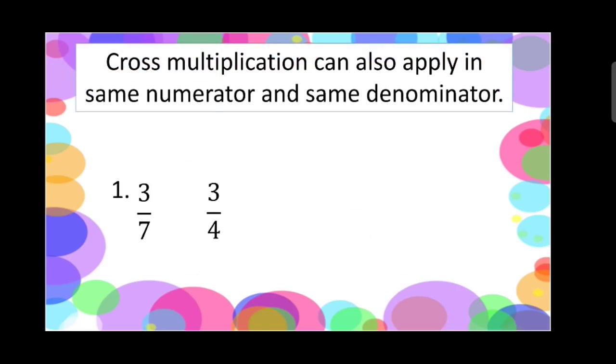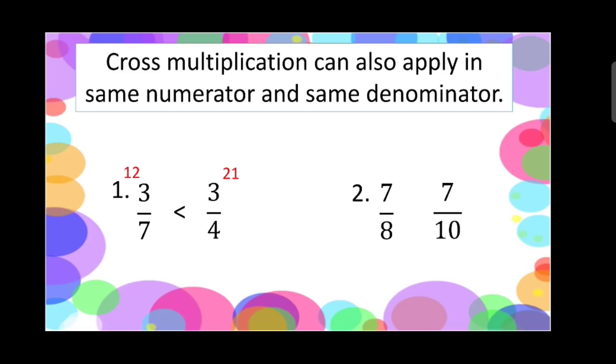So, another example. Ayan, ito naman, same numerator. So, we do cross multiplication. 7 times 3 is equal to 21. Then, 4 times 3 is equal to 12. So, di ba mas mataas si 21 kaysa kay 12? So, we conclude that 3 over 7 is less than 3/4. Another, 7 over 8, then 7 over 10.